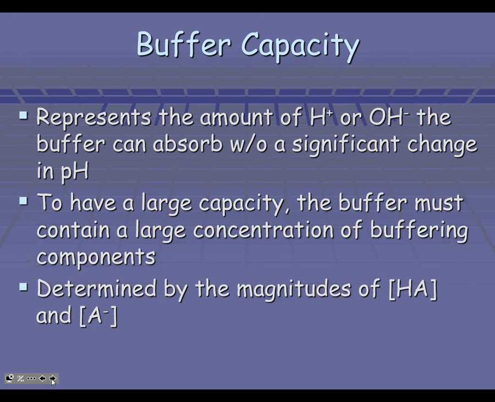To have a large capacity, you want a large concentration of the buffering components. You want HA and A minus to be greater molarities than whatever you're adding to it. And I have an example of a problem that we'll do, and I'll show you the difference in the buffering capacities.